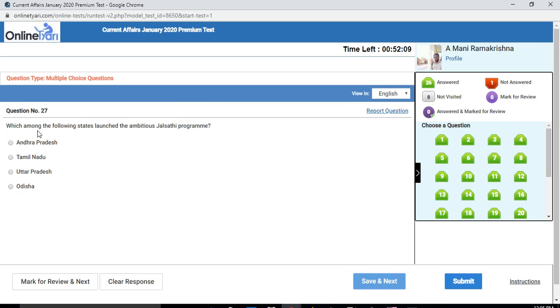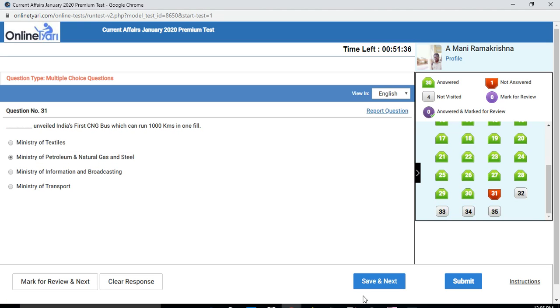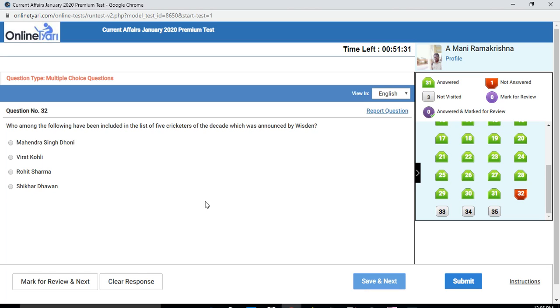Which among the following states launched the Justice program? Who among the following included in list?